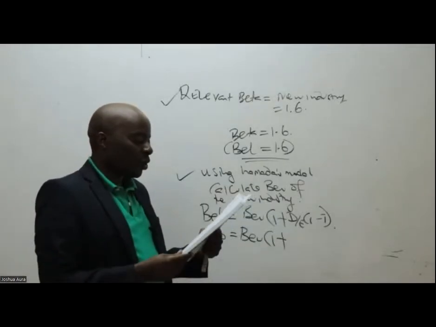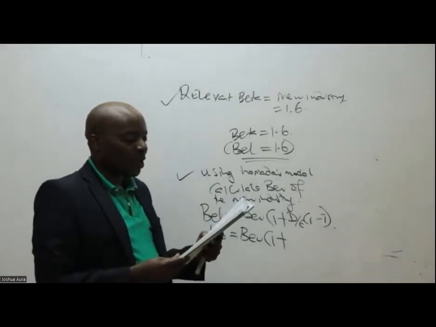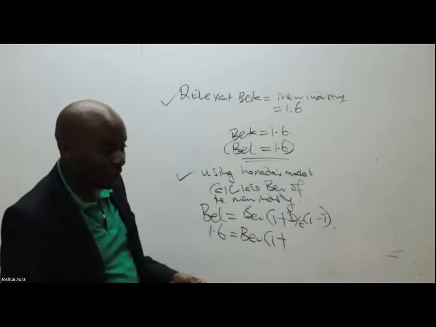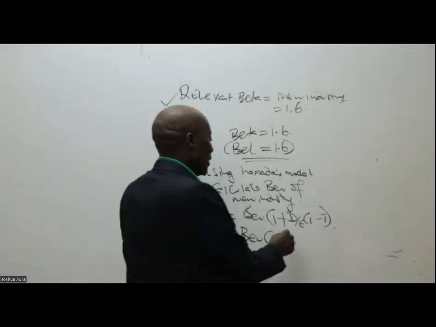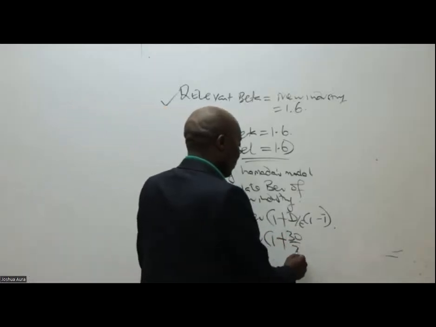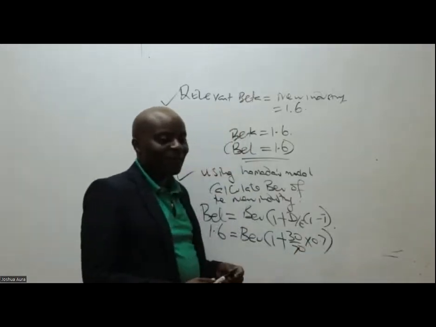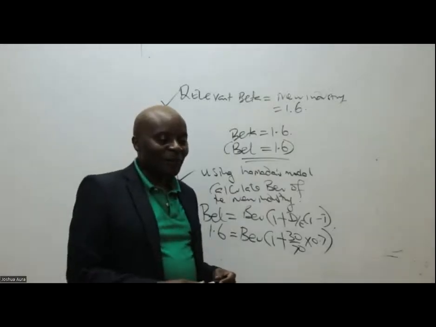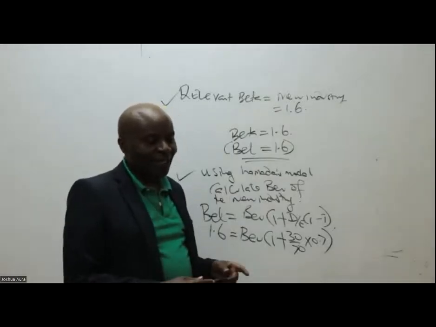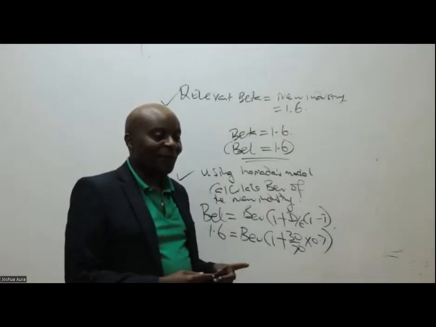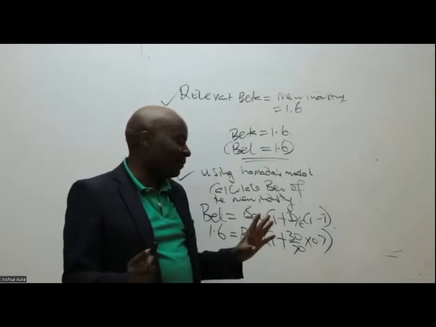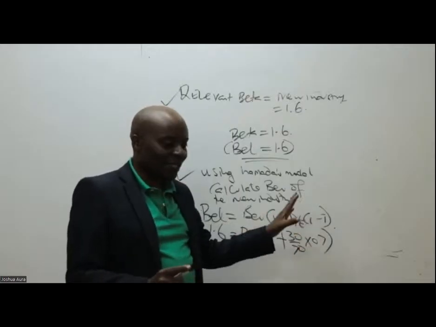The new industry, which is the electronics industry, debt is 30%, equity is 70%. So 30 over 70 into 1 minus tax, which is 30%.